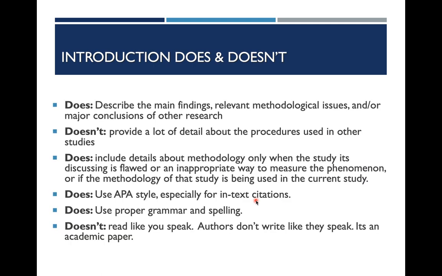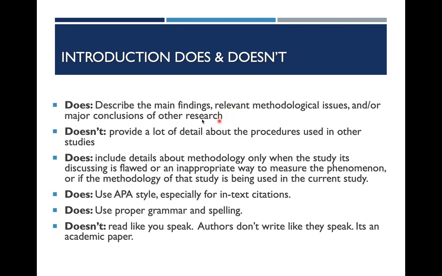So here are things that the introduction does and some things that the introduction doesn't do. It does describe the main findings, methodological issues, and conclusions of previous research in the relevant area. So we're going to start with a general discussion about what we know about autism in general, what we know about aggression in general, and what we know about the connection between autism and aggression.